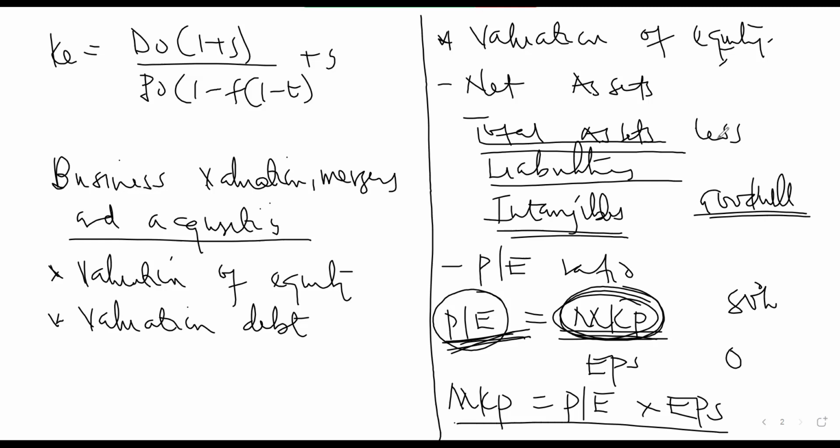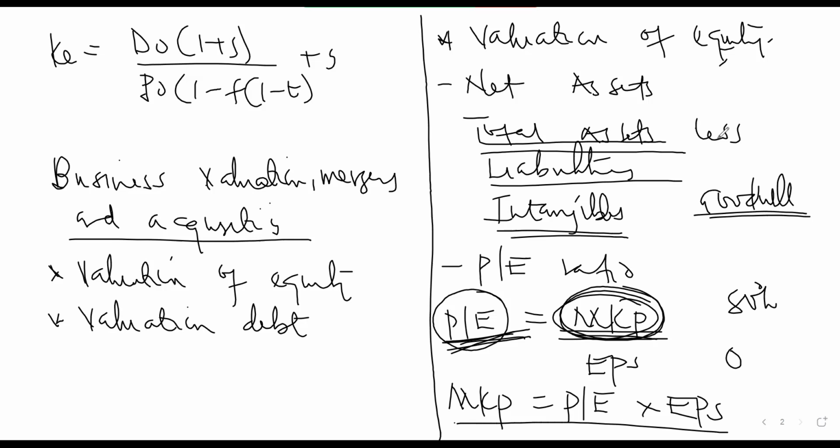So we use the price earning ratio. We also use the dividend yield model. There are a lot of methods, but as we proceed, we will be looking at them.